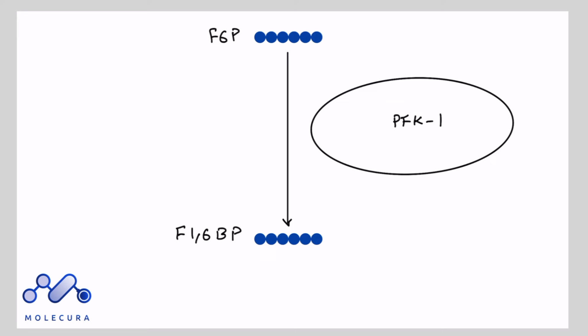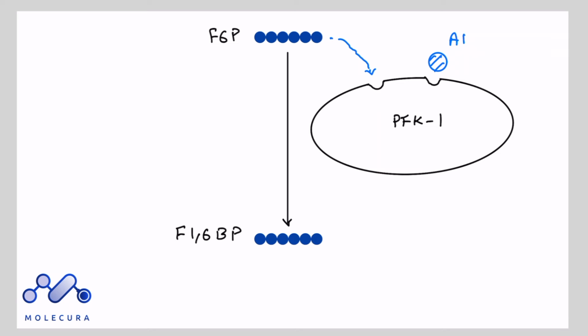PFK1 to be exact. Now, this enzyme is going to have 2 active sites, as we talked about. The active sites on this enzyme are going to be here and here. The first active site is going to be occupied by fructose 6-phosphate, and the second one is going to be occupied by ATP.